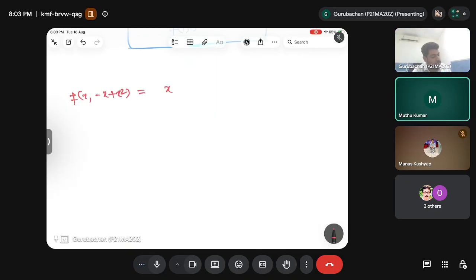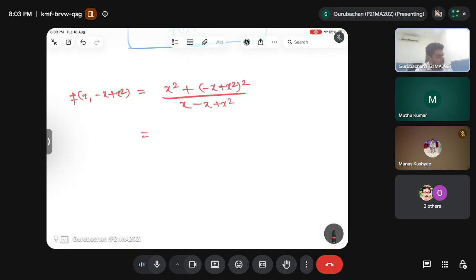So x square plus minus x plus x square whole square divided by x minus minus x plus x squared. So from here you will get x square plus x square plus x to the power 4 minus 2x cube divided by x square.